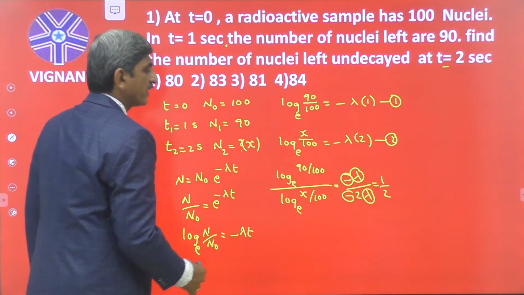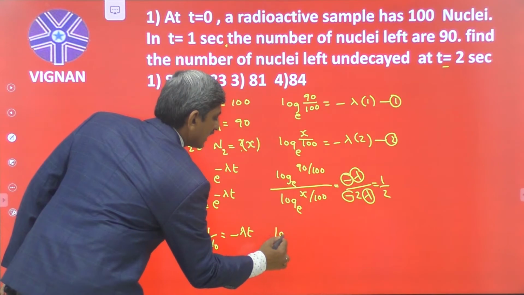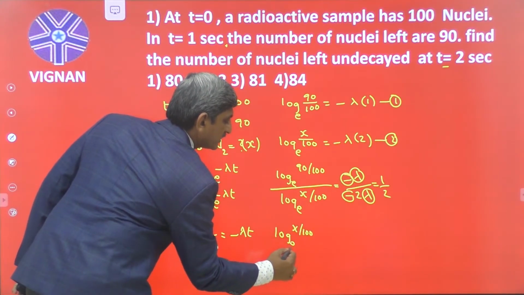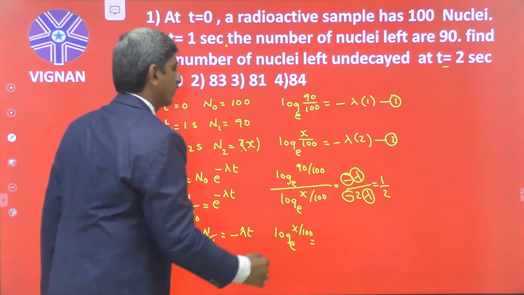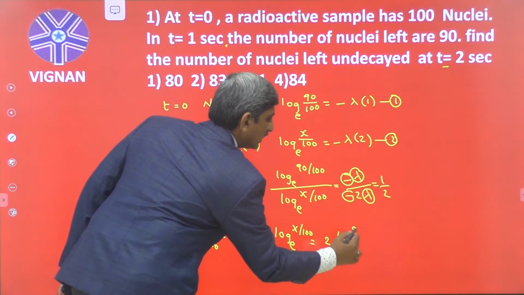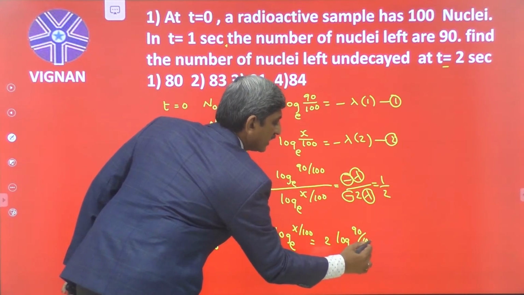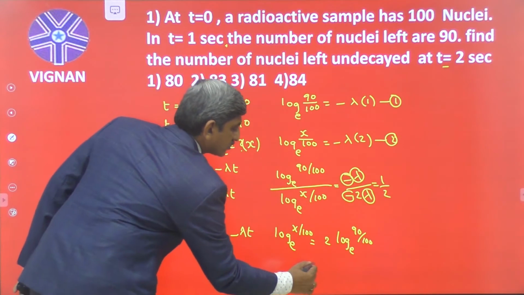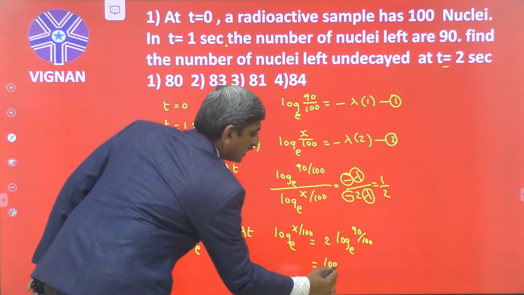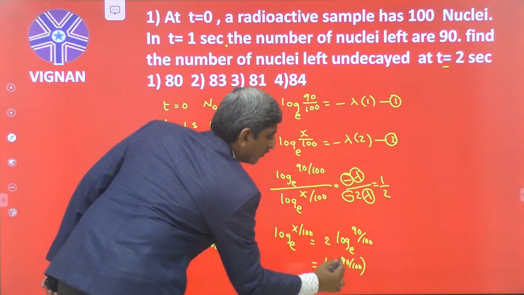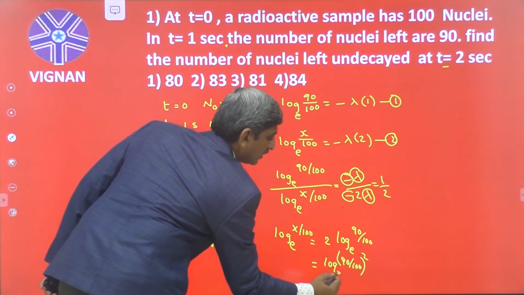Now by cross multiplying, we have log x by 100 to the base e is equal to 2 times log 90 by 100 to the base e. This can also be written as log of 90 by 100 whole square to the base e.